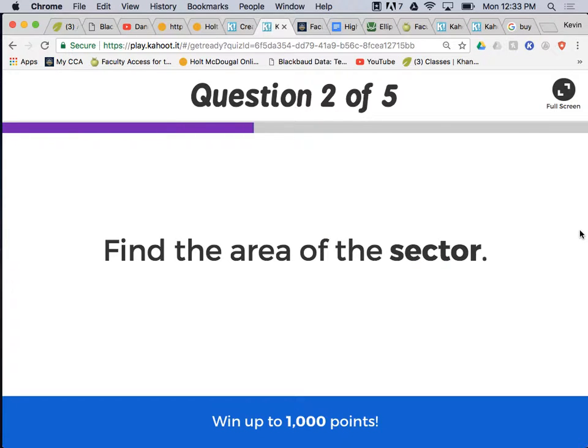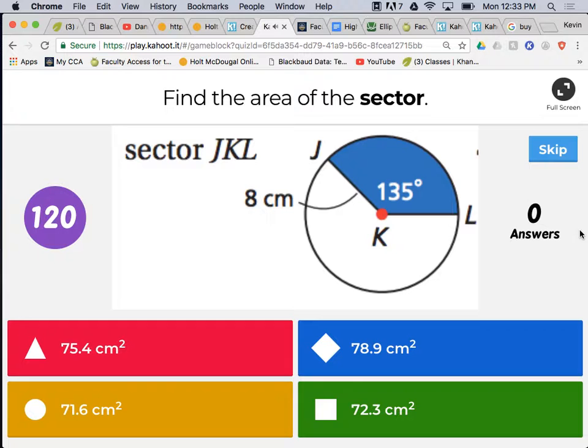Find the area of the sector. Come on, pi r squared times theta over 360. Simple as that. You need a calculator.